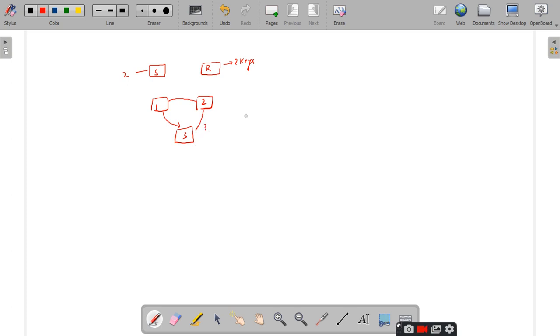For example, if I take another party 4, now tell me how many keys I should generate. 1 has to generate 3 keys, one with 2, another with 3 and another with 4. Similarly, how many keys does 2 have to generate? 2 keys, sir. Why?